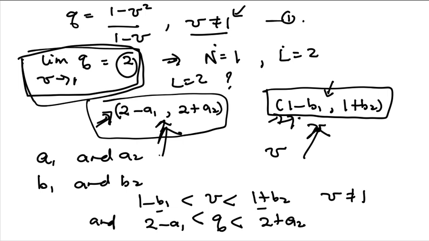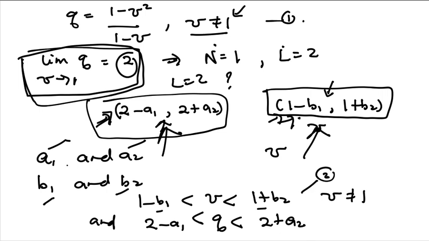So in this case, for a given value of A1 and A2, B1 and B2 must be found, such that V is between 1 minus B1 and also 1 plus B2, call this equation 2. And also at the same time, Q is greater than 2 minus A1 but less than 2 plus A2.